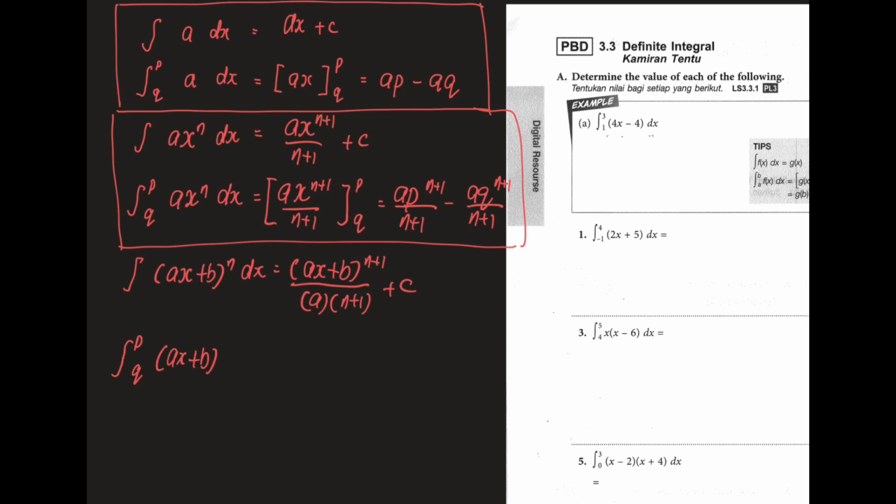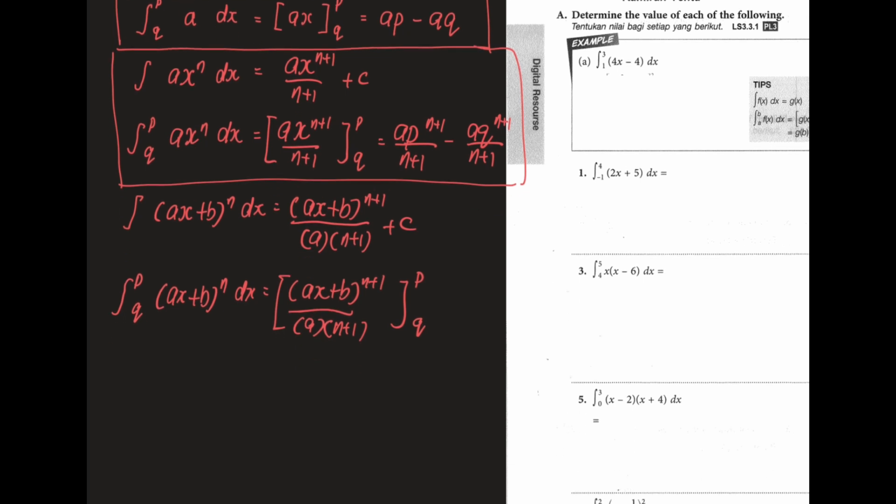ax plus b to the power of n, the way to do it, we integrate it like usual, like the formula, and again we don't want plus c. Then we put a square bracket like this, upper limit followed by lower limit, and after that you substitute p into x. This one looks like x, so I made it look more like a bracket, otherwise you may misunderstand.